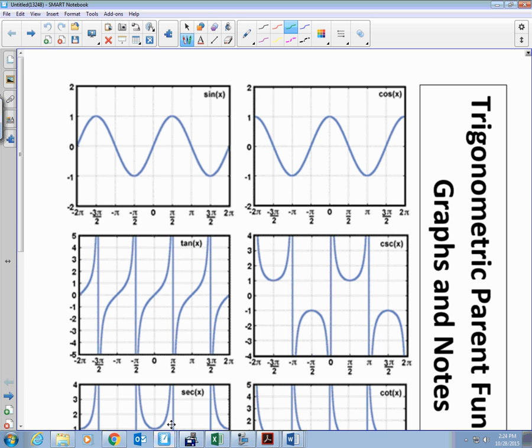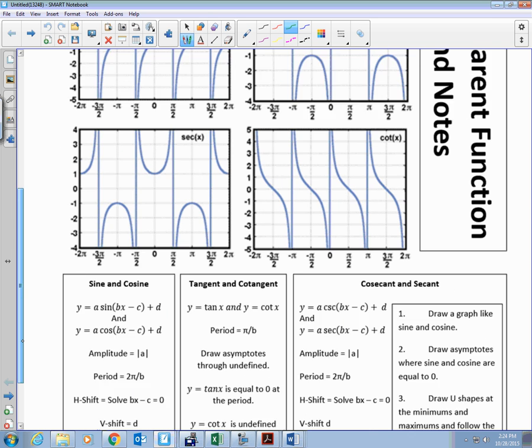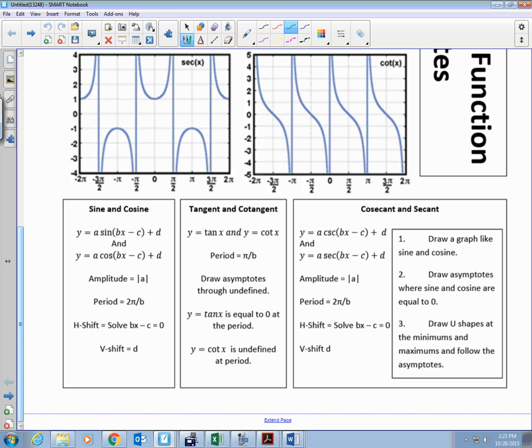If you look at the other sheet of notes that I gave you, it says amplitude, period, horizontal shift, and vertical shift. You might want to write on there 1, 2, 3, 4. That's the order that I do the shifts and transformations. I start with vertical shift, and then I go back to the top.